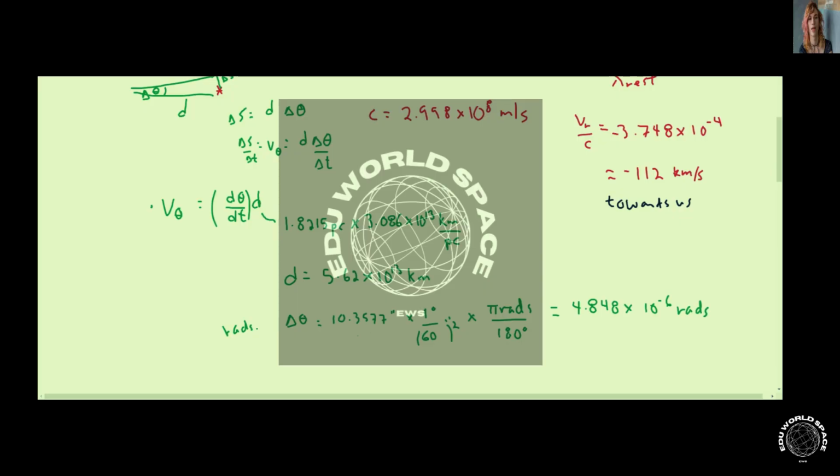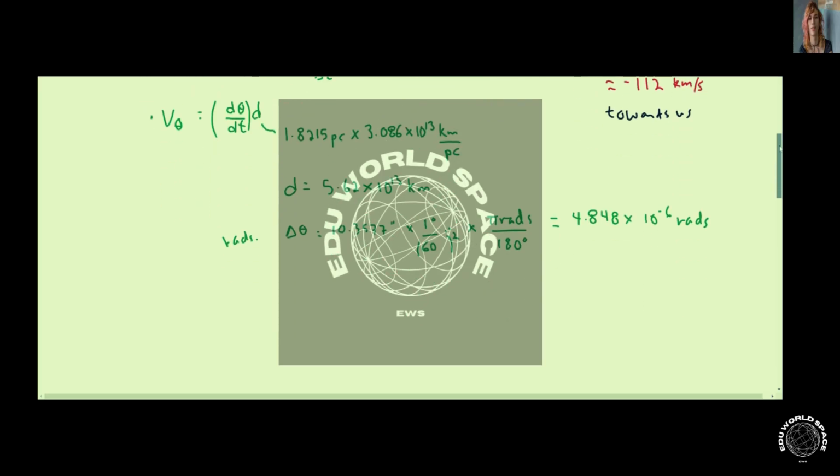And the delta t is 1 year. We want to turn that into seconds. So there are 365 days per year and 86,400 seconds per day, which you can get by taking 24 hours and turning that into seconds.